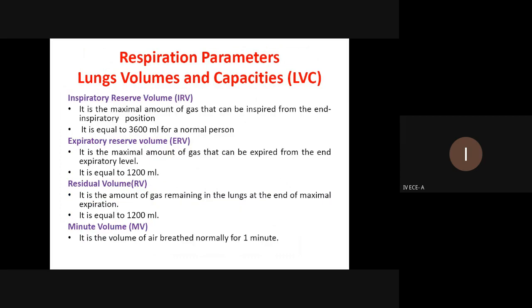Okay, so these are some of the parameters. Inspiratory reserve volume is equal to 3600 ml. Then expiratory reserve volume is equal to 1200 ml. Residual volume is the amount of gas remaining in the lungs at the end of maximal expiration, equal to 1200 ml.